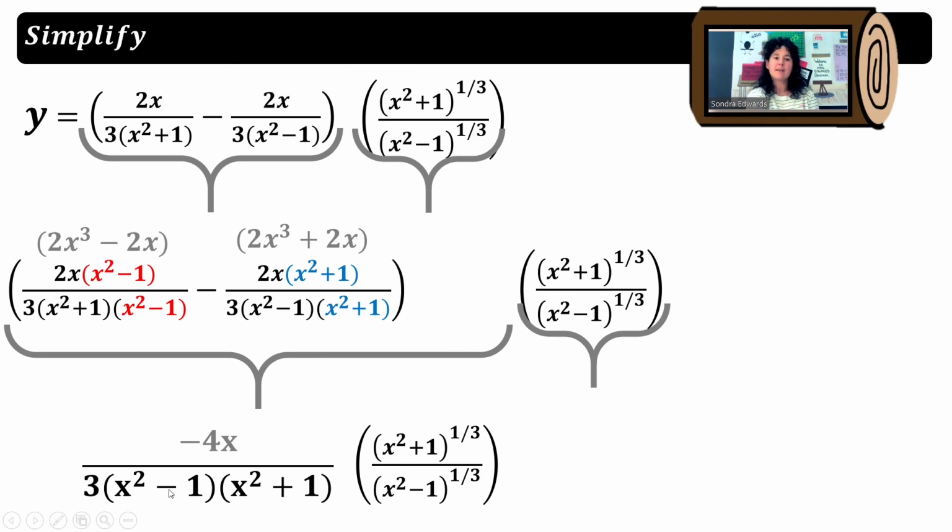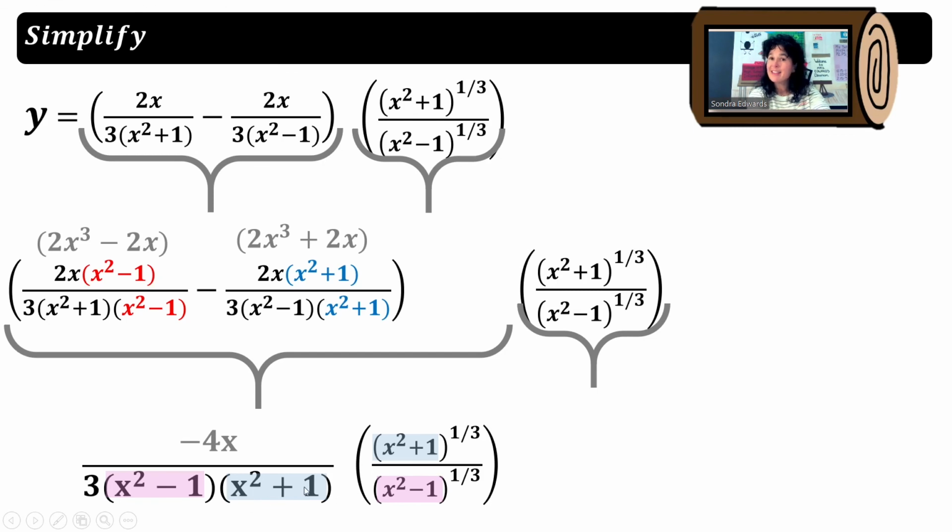We have 3 times x squared minus 1 times x squared plus 1 times x squared minus 1 to the 1/3. When you are simplifying fractions, right, we have everything multiplying in numerators and denominators. If we have like bases, then we can simplify. So see all those like bases? I'm going to be able to simplify x squared plus 1 to the 1/3 and x squared plus 1.